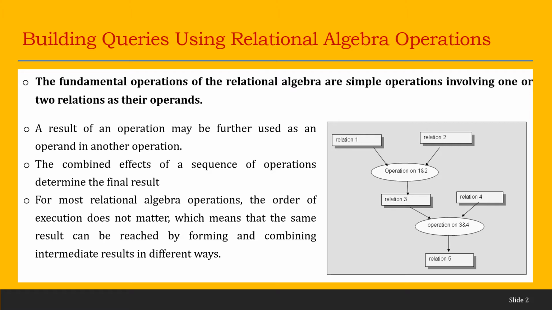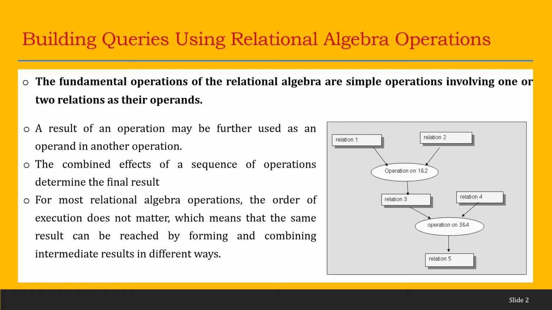So the fundamental operations of relational algebra are simple operations that involve one or two relations as their operands, and the result of this operation may be further used as an operand in another operation, and the combined effects of the sequence of operations determine the final result.